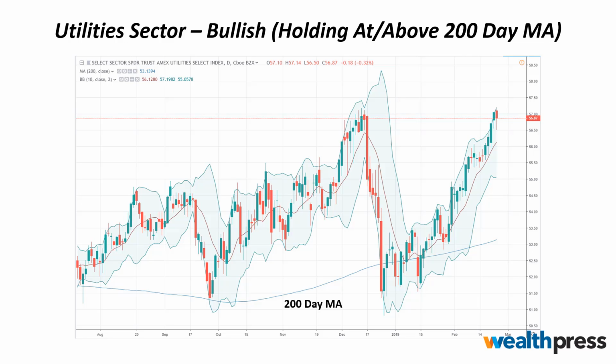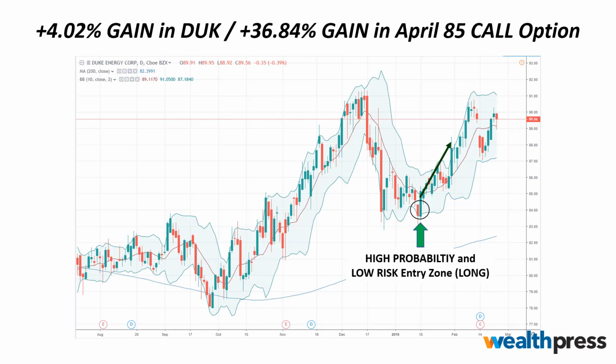That's very important. So in this example, the utility sector is very bullish. It's near all-time highs actually, and it's trading clearly above the 200-day moving average. So this gives us the green light to trade stocks within the utility sector using the Bollinger Band as a pullback. And in this example, this is a stock that's in the utility sector.